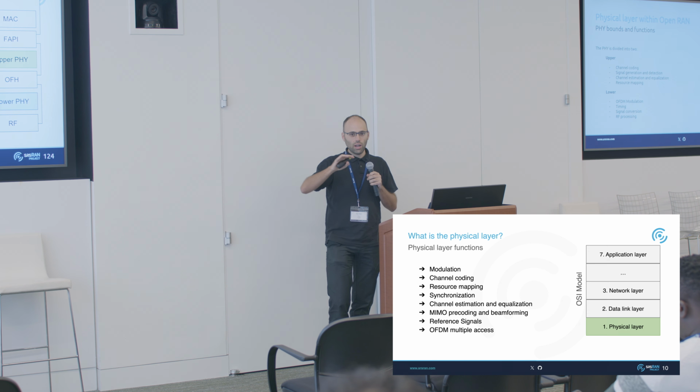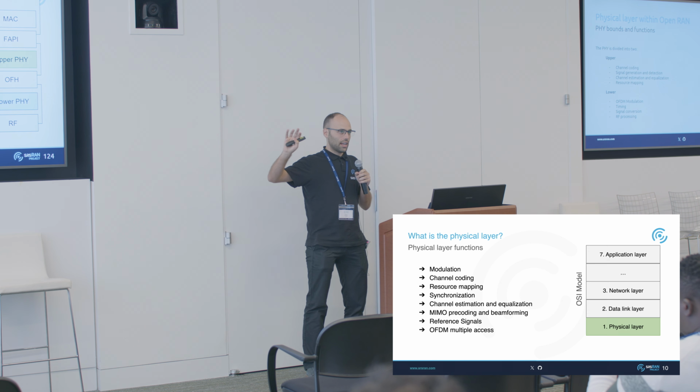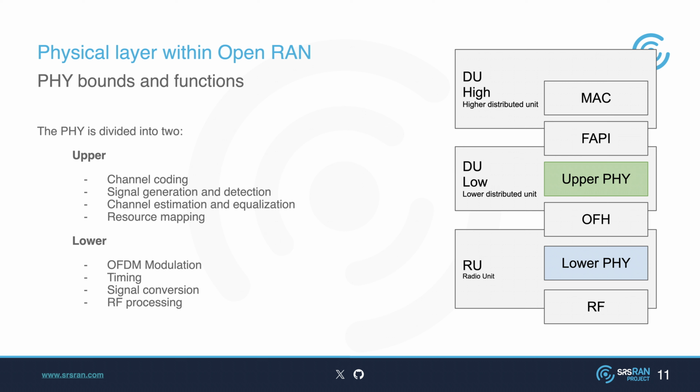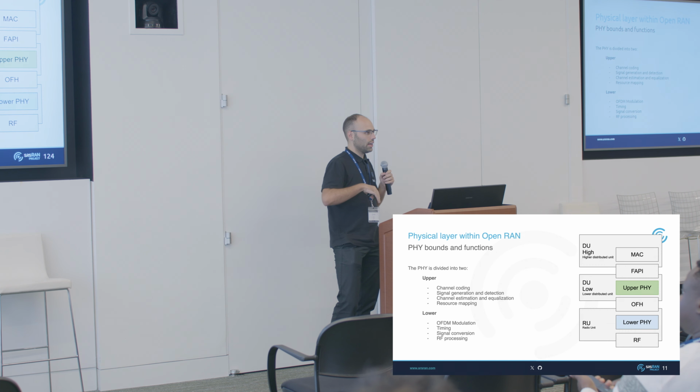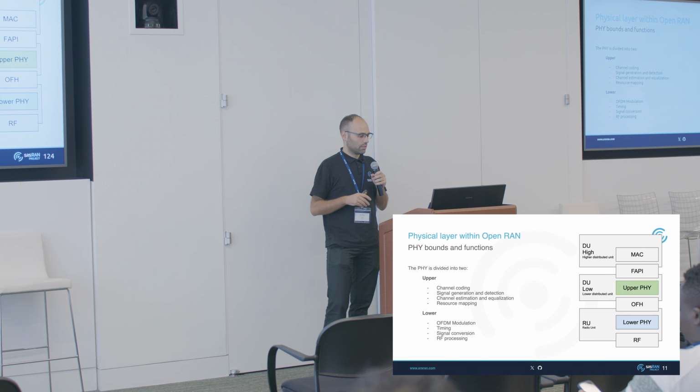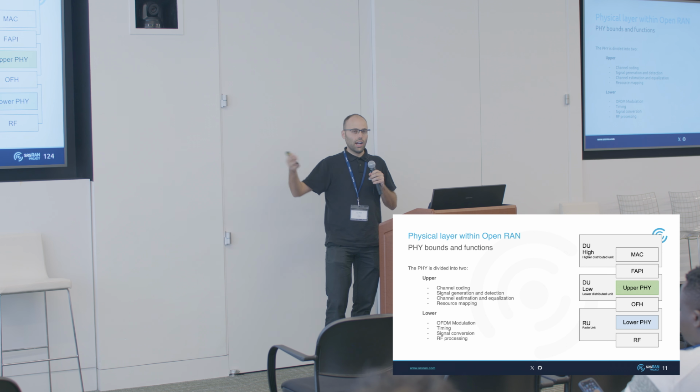The upper PHY is the one that will generate the signals, like sounding reference signal, reference signals, the signal detection, equalization, decoding. And then the lower PHY will be the part that will modulate, demodulate, and synchronize, and it will be on the RU side.